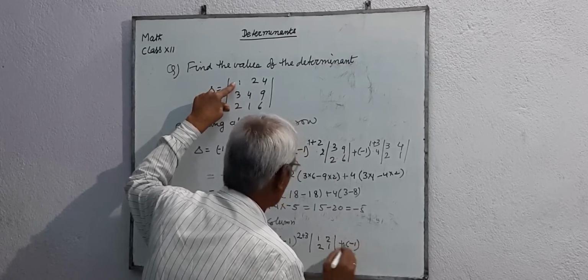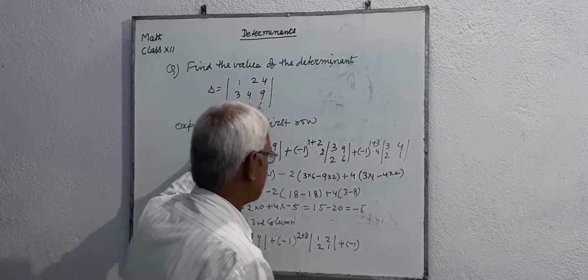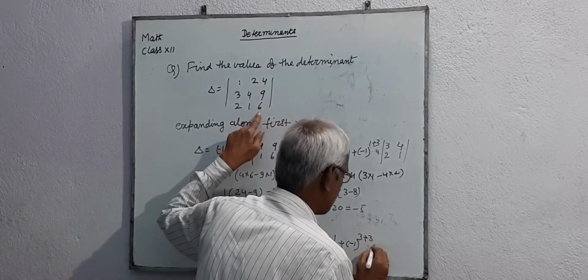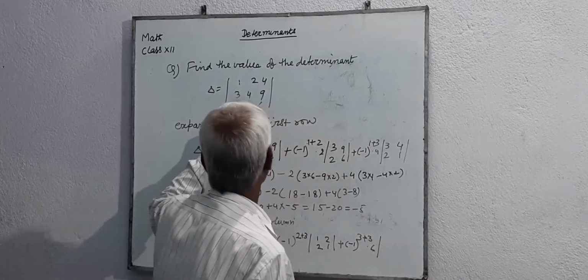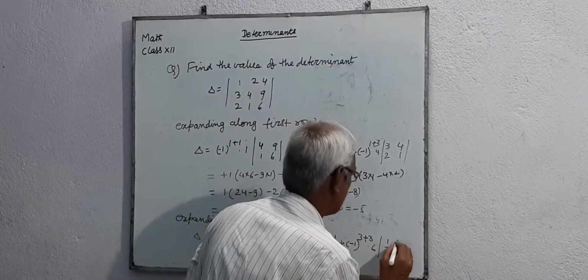minus 1 to the power third row and third column. The element is 6. Eliminate the third row and third column, we get 1 3, 2 4.